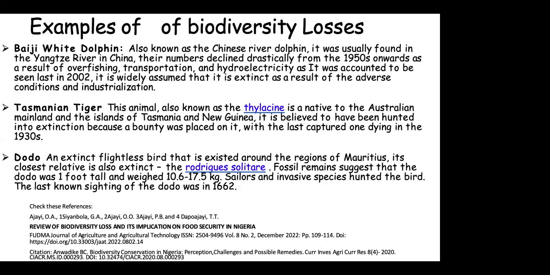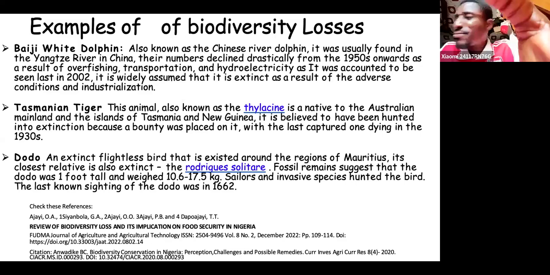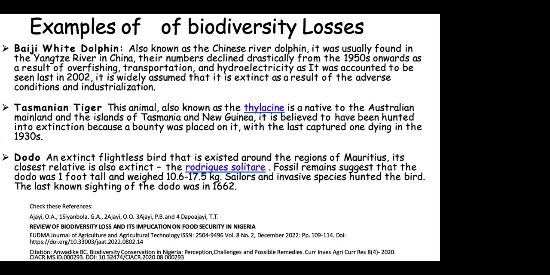So if you see a tiger that will attack you, and you can kill it, what happens? I'll kill it first. It's self-defense. So that tiger ran into a lot of problems. The last one was captured in the 1930s, long before all of us on this platform were born, right?